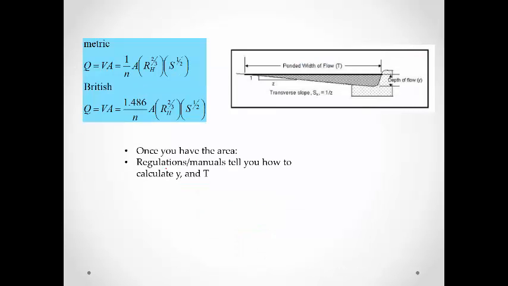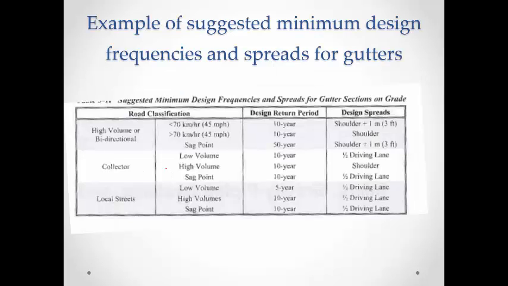Once you have the area, the regulations and manuals will tell you how to calculate that depth Y and that T. Okay? So these are some of the suggestions that are provided for the spread of the gutters, depending on the design return period that is needed.